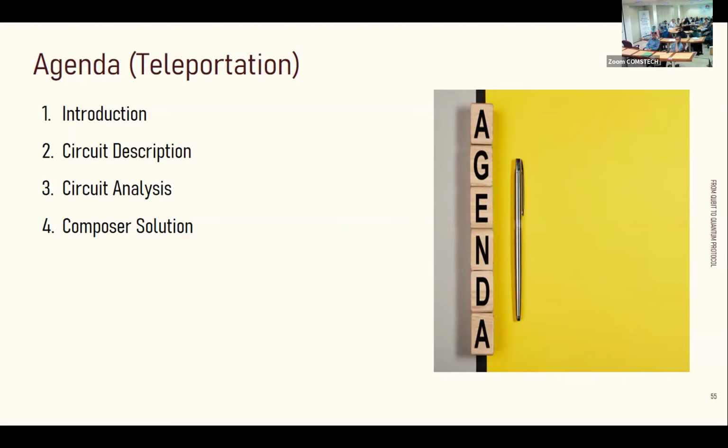And then I would like you to solve that circuit with me on paper. Even if you didn't get anything last time, even if you were not interested last time, I would really like you to forcibly write something on paper so that you can make sense of it. Okay? So can anyone tell me what teleportation does?